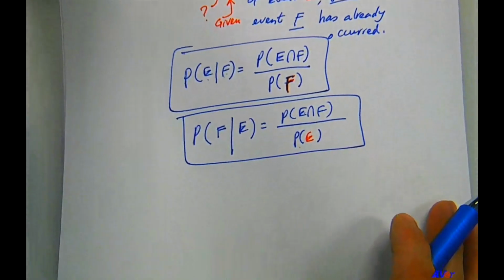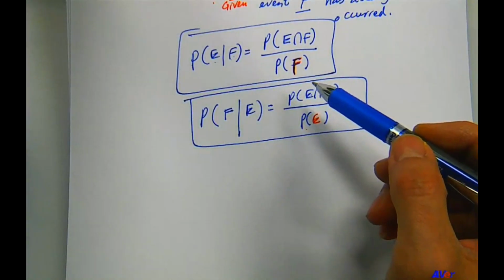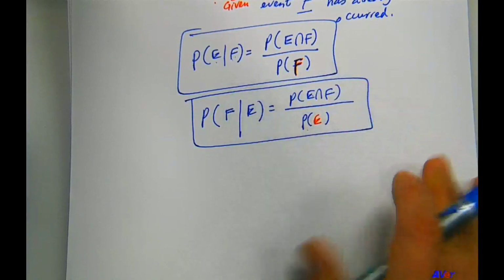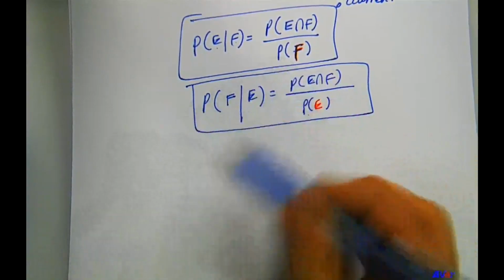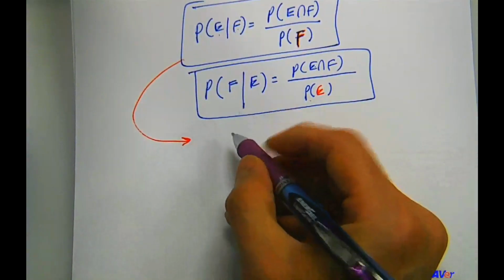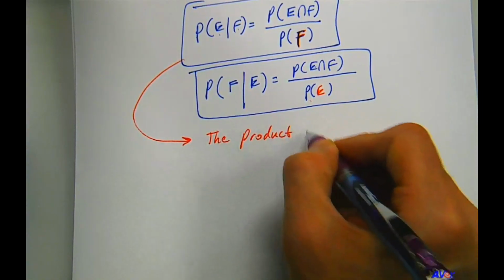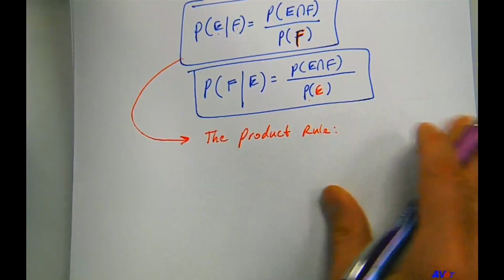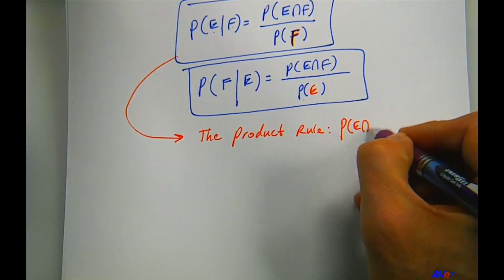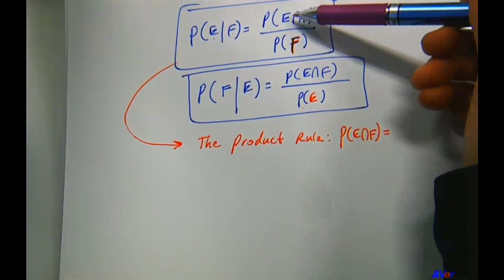Okay, so there is another formula, called the product rule, that is based on these same formulas. So I will write that here. This is called the product rule, which is equal to probability of E intersection F is equal to, just take a look at this formula.